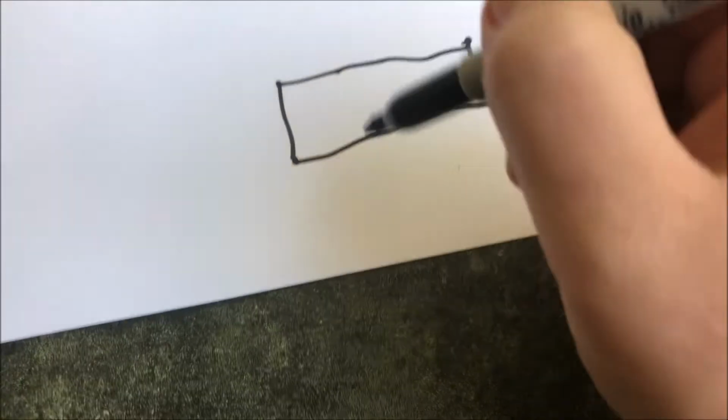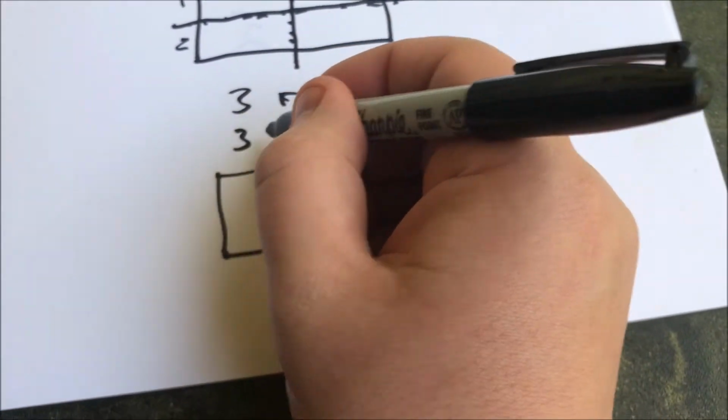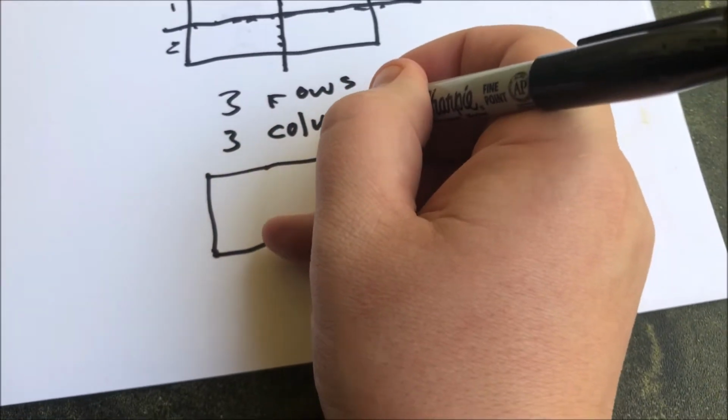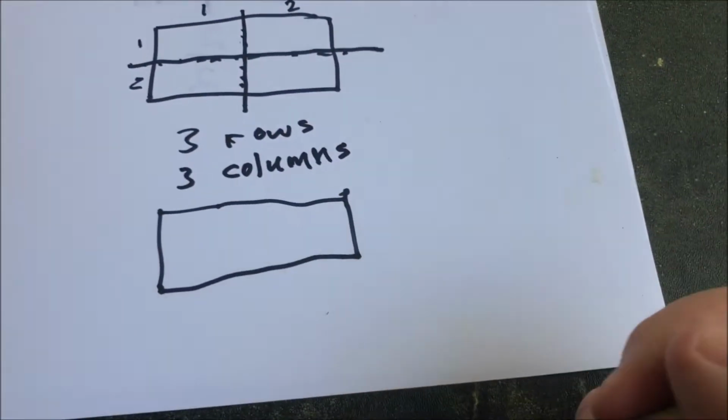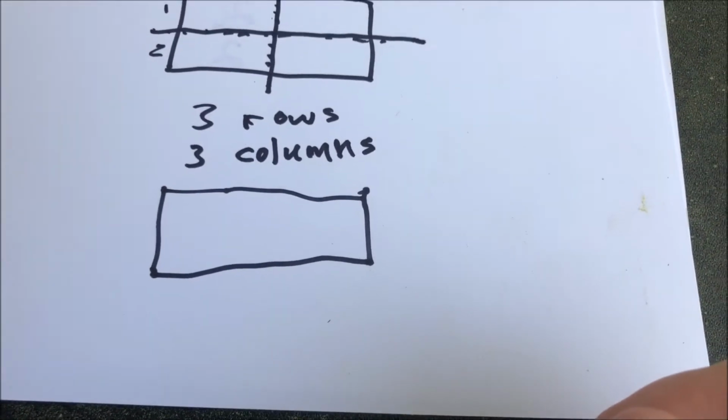What if I had 3 rows and 3 columns? So we'll make 1 more and then we're going to be done. We want 3 rows and 3 columns. Let's see if you can figure it out. Think about it.